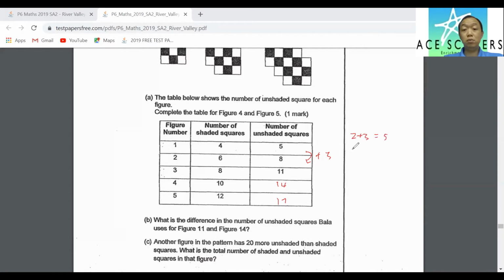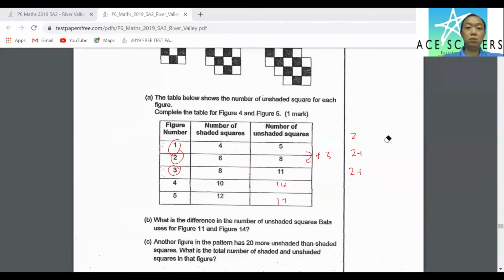For figure 2, 2 plus 3 plus 3 equals 8. Figure 3, 2 plus 3 plus 3 plus 3. Can you see the number of 3s increases with the figure number? It corresponds to the figure number. So what we do here is multiply. We use multiplication.